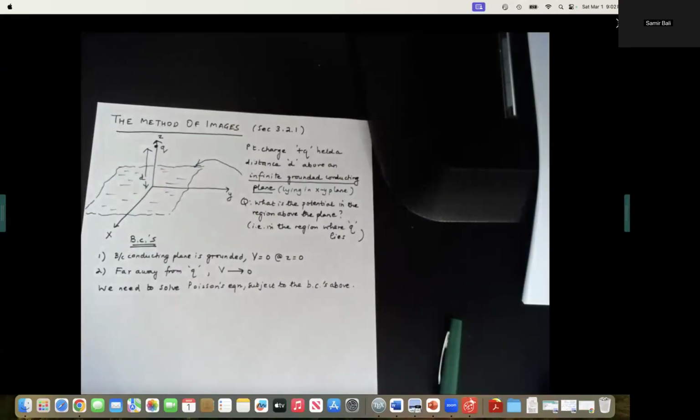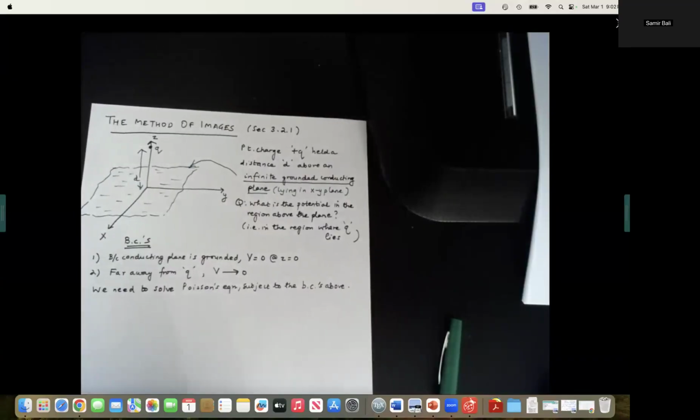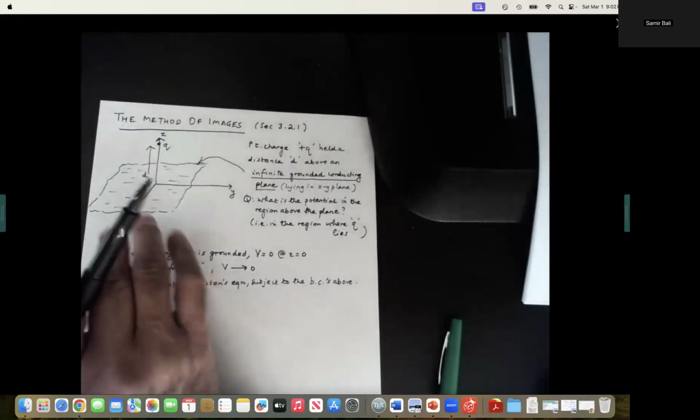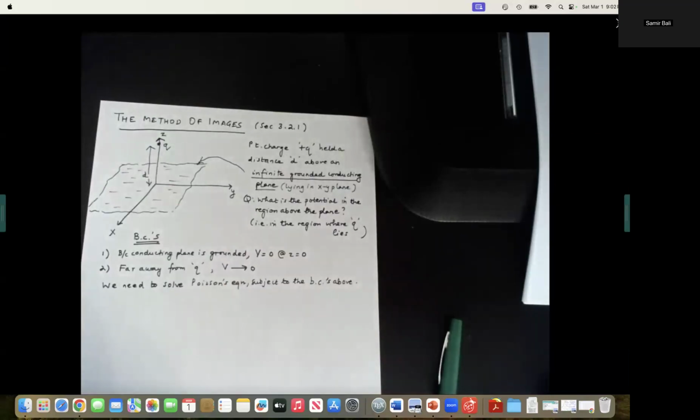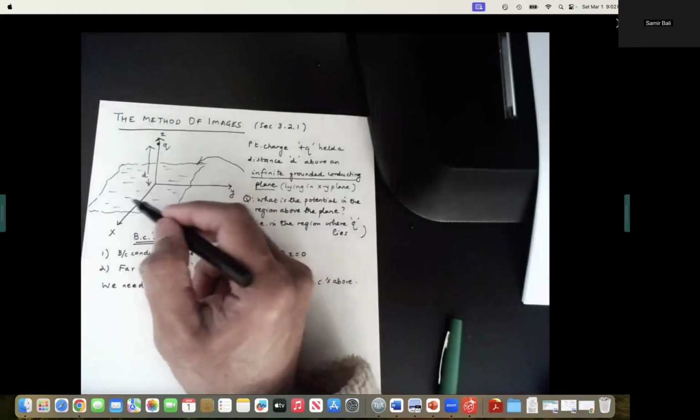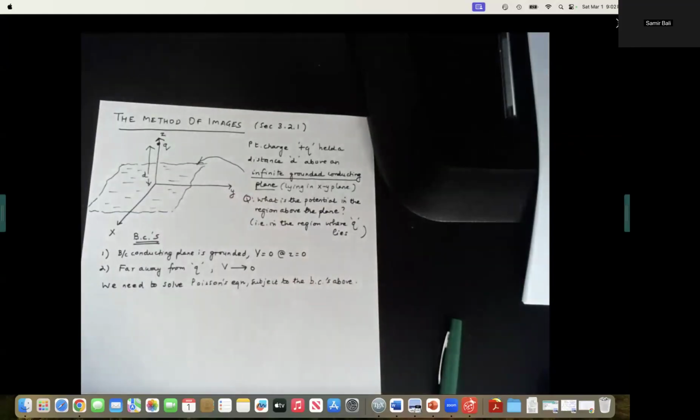Okay, so the first thing I'm going to do is actually, as the book says, just solve a completely different problem. Meaning, I'm not going to think of the grounded plane as such. I realize that the Q is inducing some negative charge on this plane. So now this is where the guesswork starts.